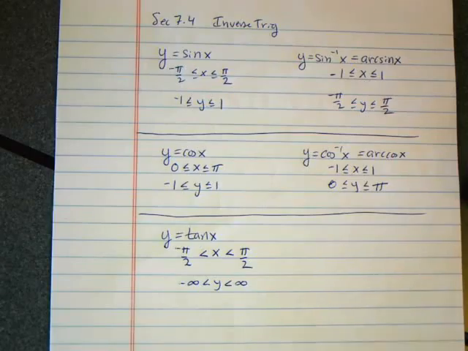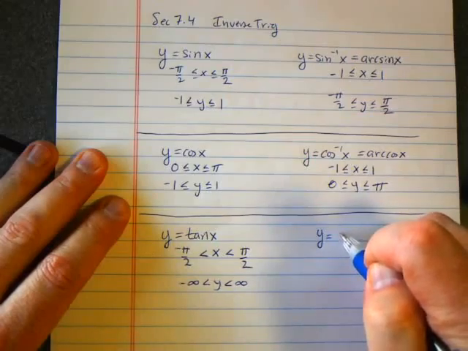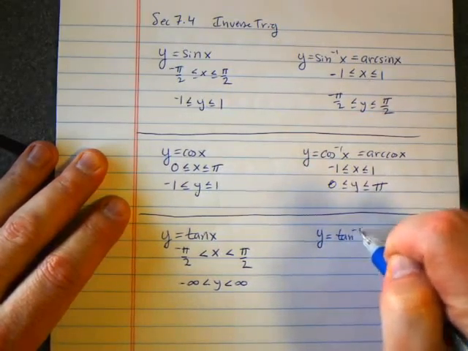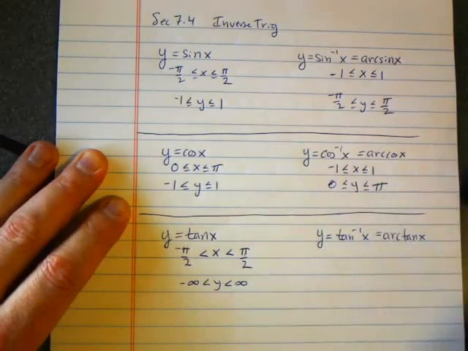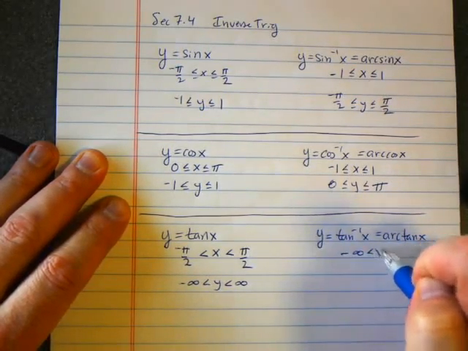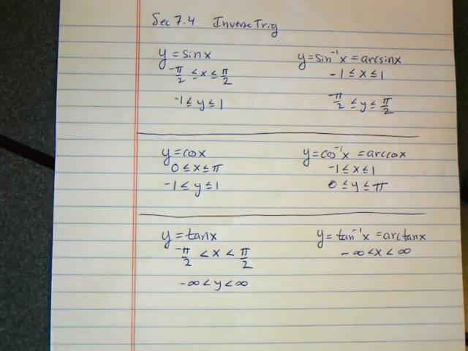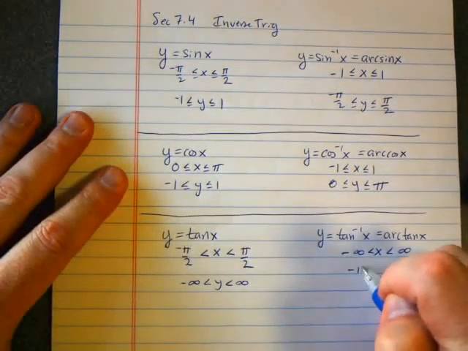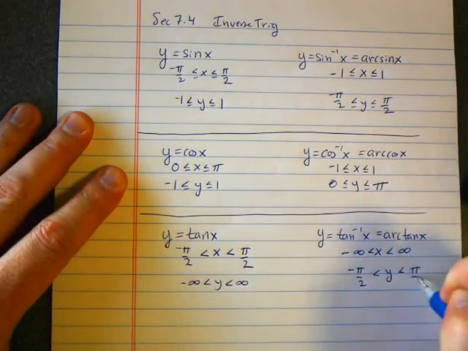All right, so when we talk about arctangent, tangent inverse of x, which is arctangent of x, our domain for arctangent, we can plug in any number in the world. Any number that we like at all. And the kind of answers we're going to get are angles between minus pi over 2 and pi over 2.